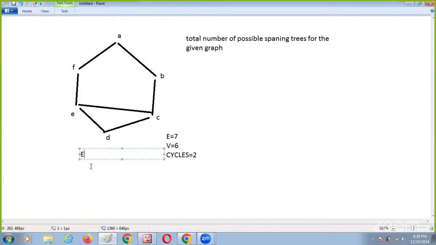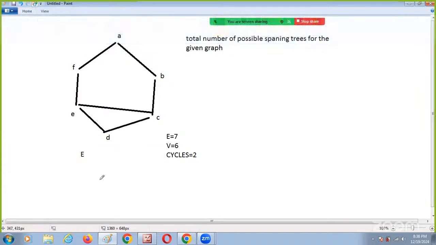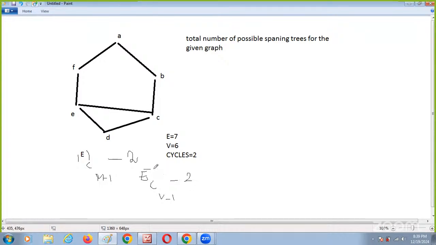Number of edges C number of vertices minus 1, out of total minus number of cycles. Written shorter: E C (V minus 1), out of total minus how many cycles are there? 2 cycles. This is the formula.